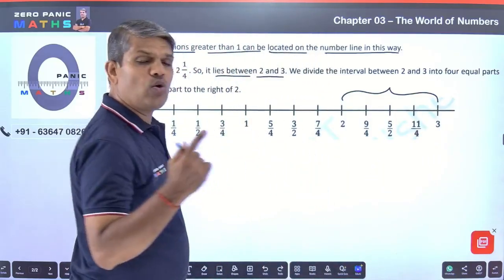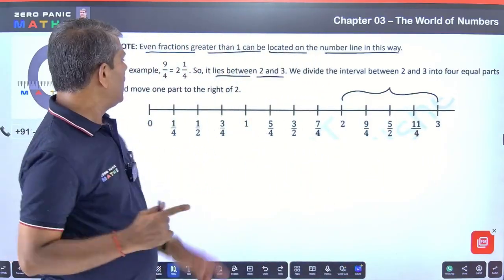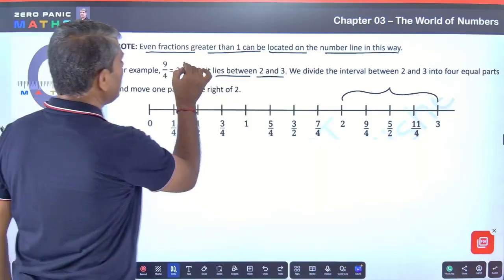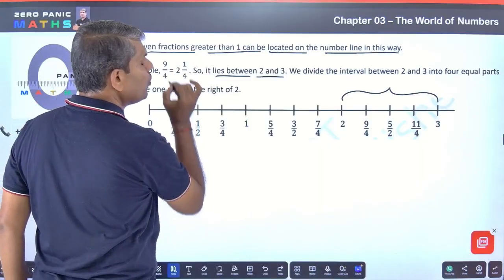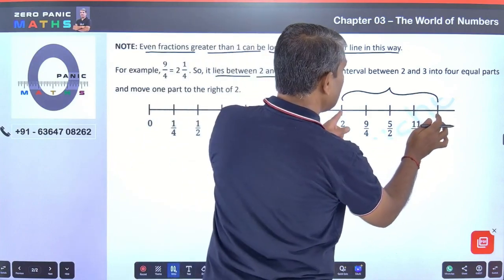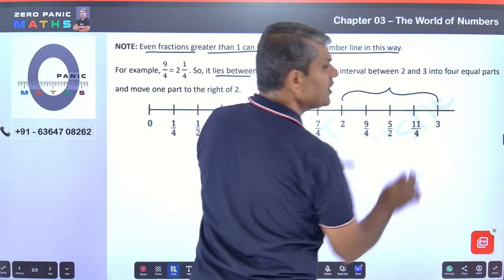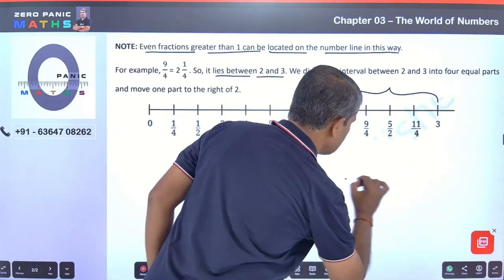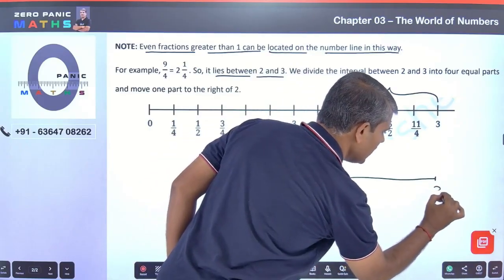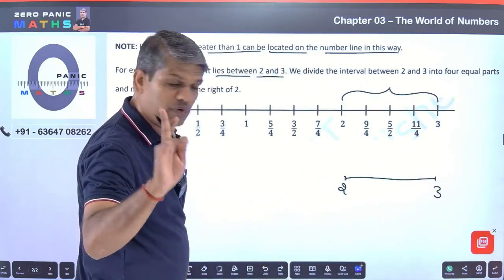And what is the rule when you want some number to be represented on the number line? Then it is the denominator q. What is q? q is 4. So I am going to divide the unit between 2 and 3 into 4 equal parts. Suppose this is 2 and this is 3. Just see this, very important.